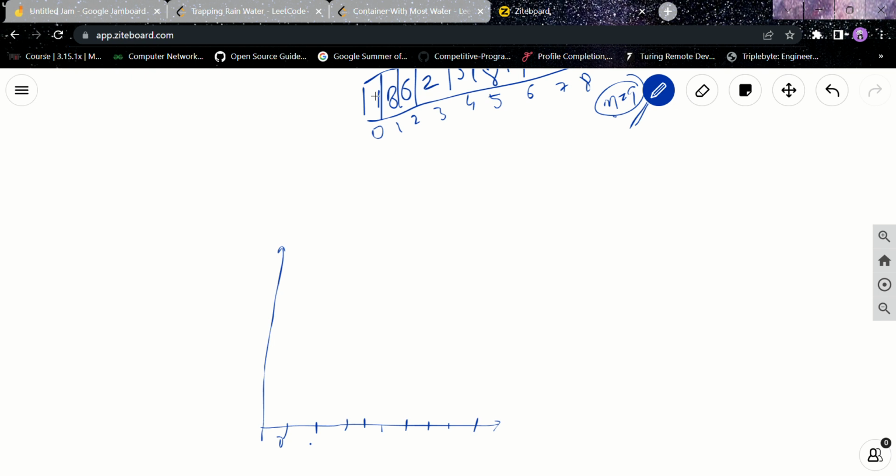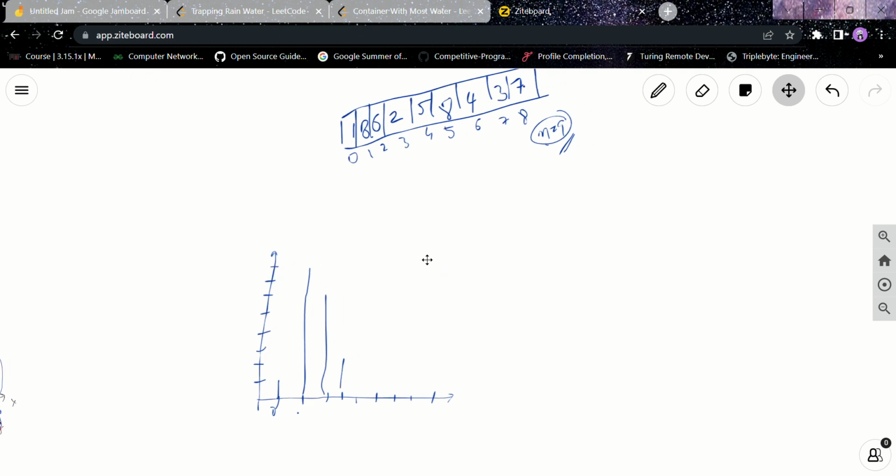The height of the first element is 1. The second element has height equals to 8. The third element has height 6. The fourth element has height equals to 2. The fifth element has height equals to 5.